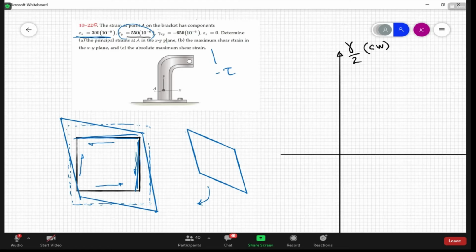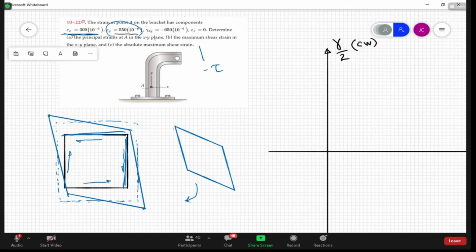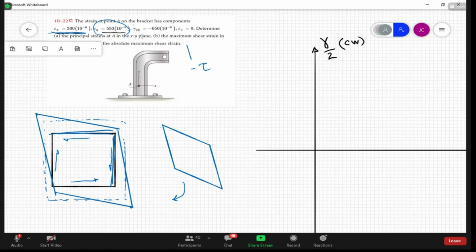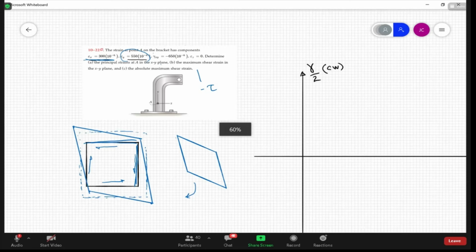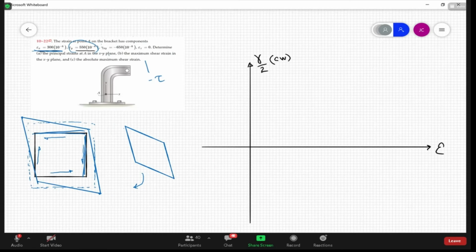All right, so let's draw the points now. We have the two normal points. I'm sorry, they're both positive, 300 and 550. So let me just tick off some points here to try and be reasonable.